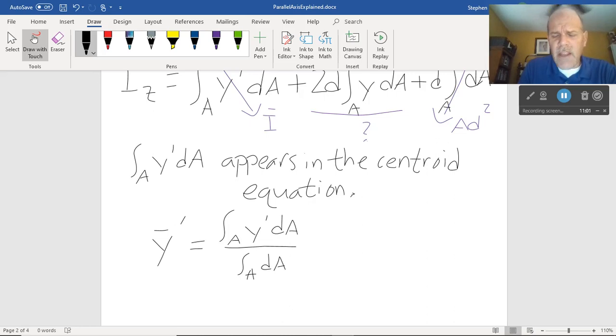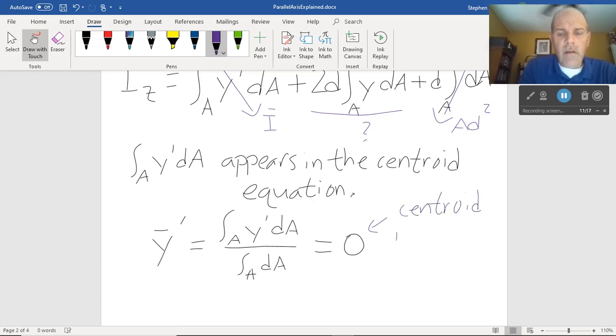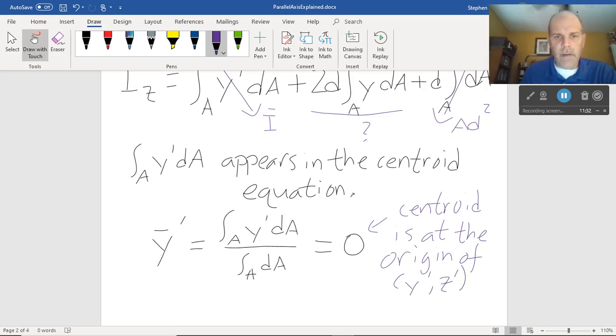Well, funny thing is, we put our centroid at the origin. That has to equal 0, because our centroid is at the origin of that y prime, z prime coordinate system.